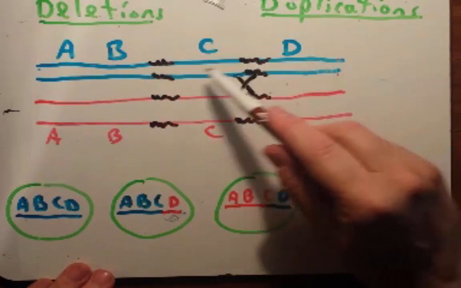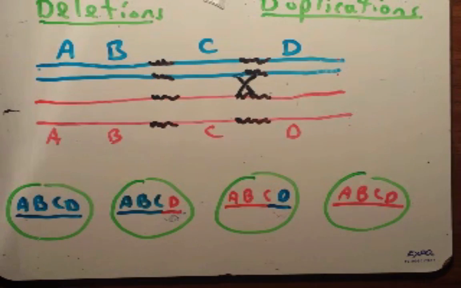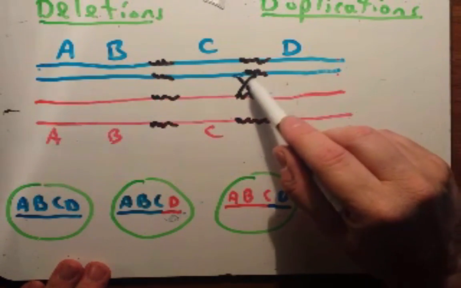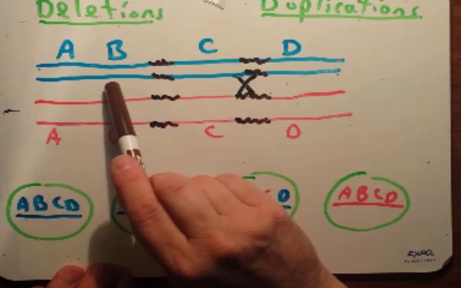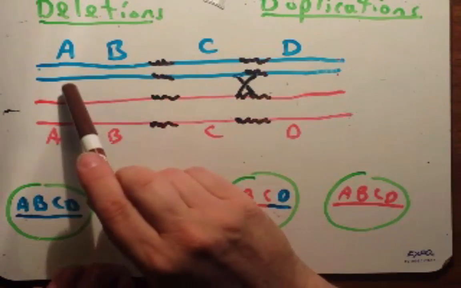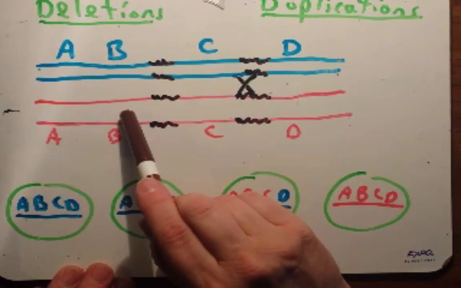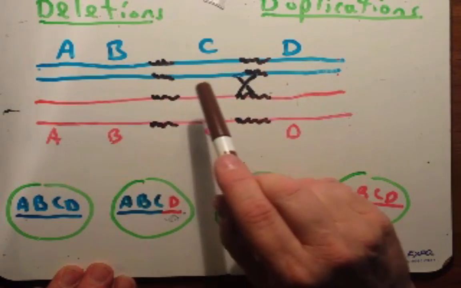They're identical in sequence, so it's easy to imagine you could, as I coincidentally drew here, have a crossing over event that occurred there. Now remember, I said this before, that the reason these synapse this way during prophase 1 is because there's a degree of sequence homology between the two homologous chromosomes. That's why they're homologs.